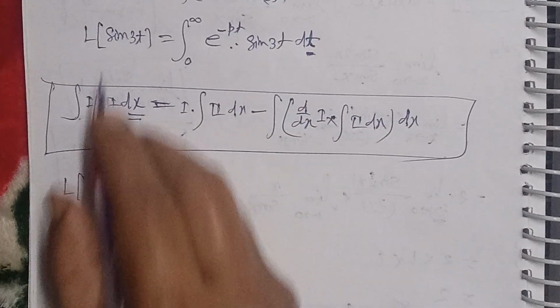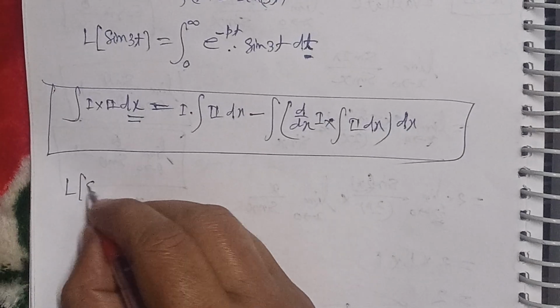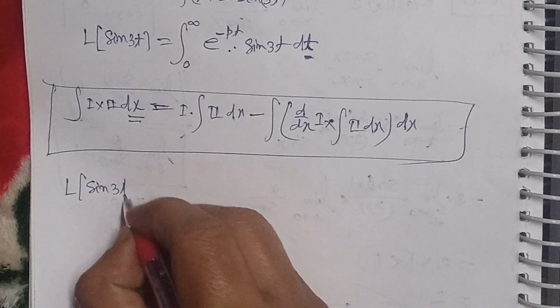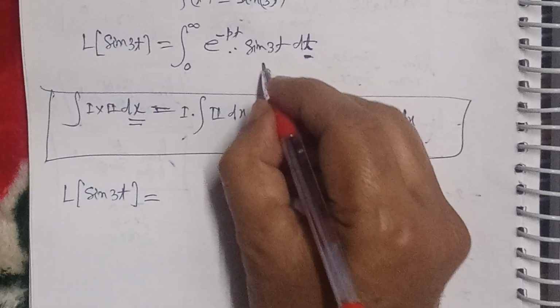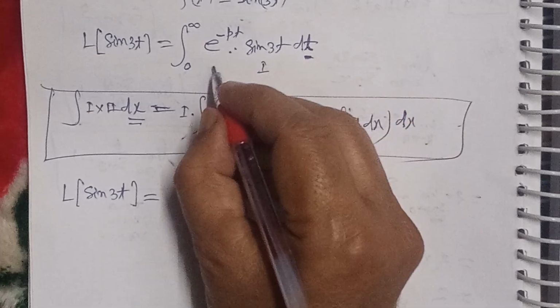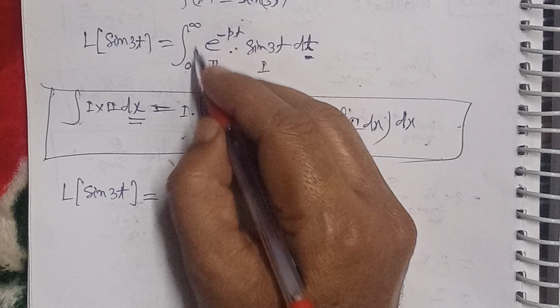So the Laplace of sine 3t is equal to first function. I consider sine 3t as first function and e to the power minus pt as second function.